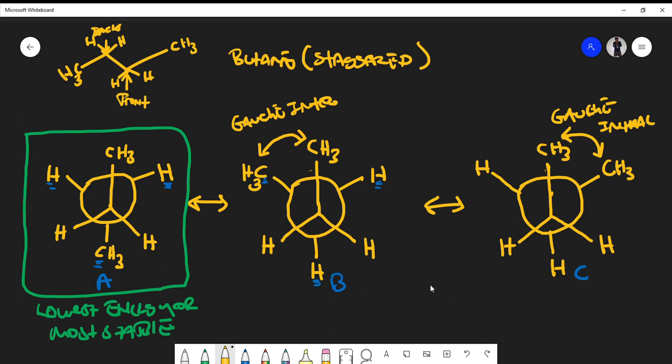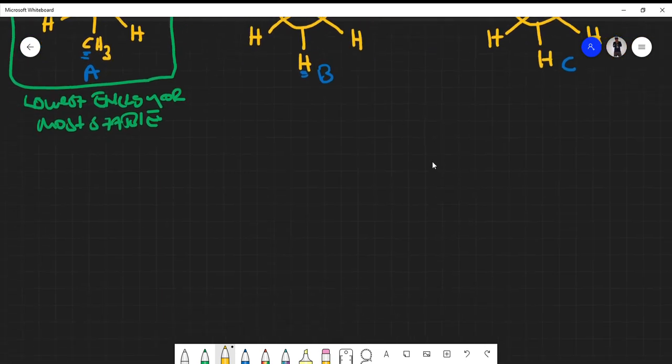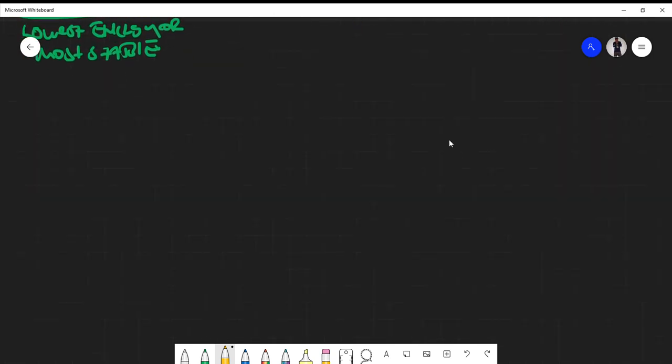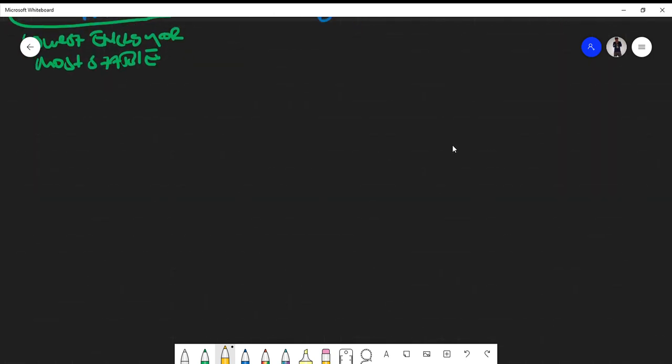Let's go into more complex stuff, right? So let's talk about a more complicated molecule in which we're going to intertwine the idea of the eclipse version of things. Now, let's say you're given this molecule. It's actually 1-chloropropane.